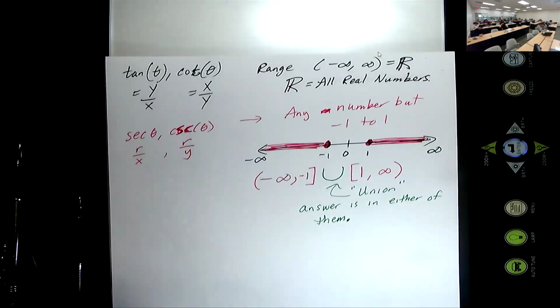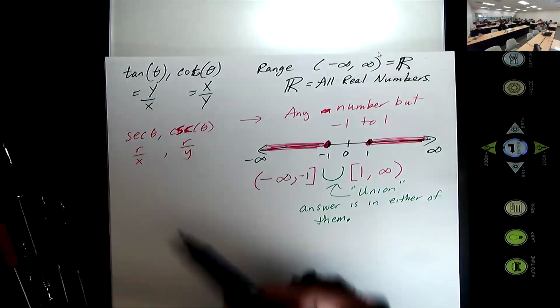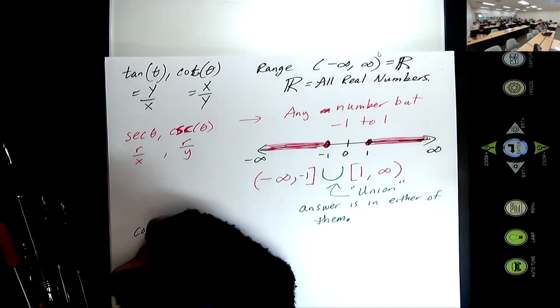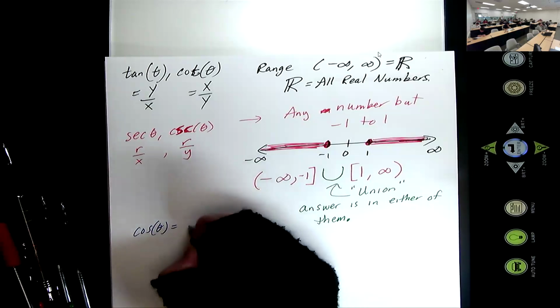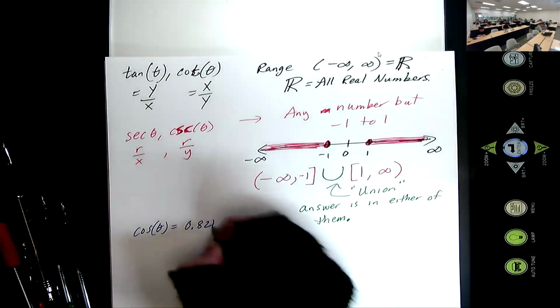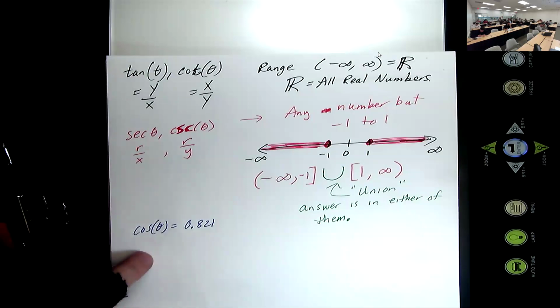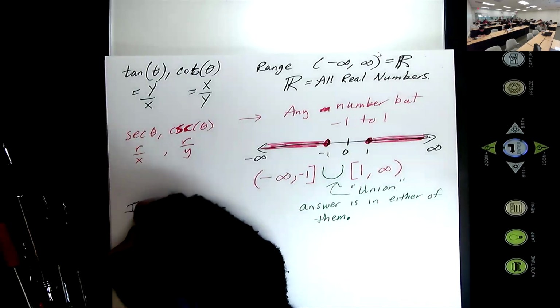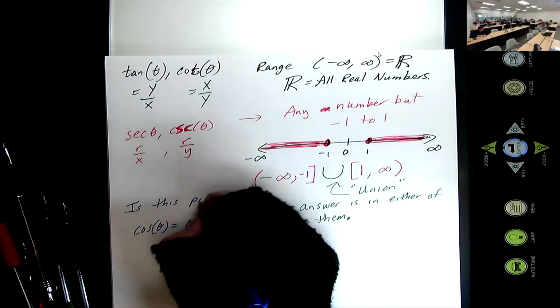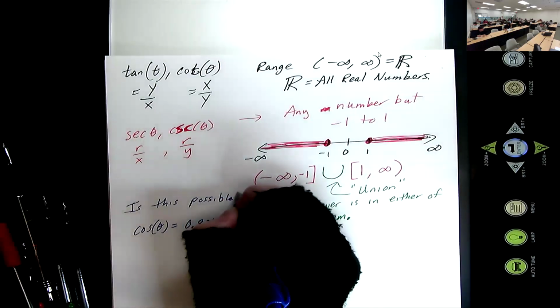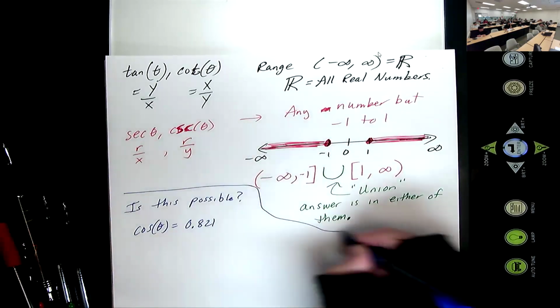So if I look at some values, and I said cosine theta equals 0.821. We'll eventually see how to get that theta, but for now, we're gonna play a game: is this possible?